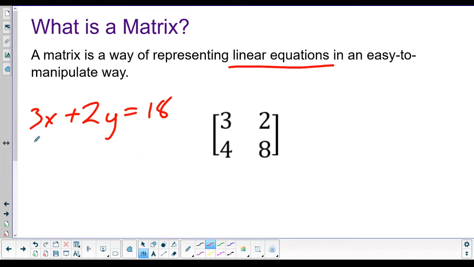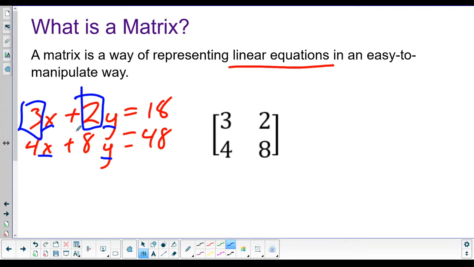If you have some other equation where they cost $4 for that bag and $8 for the other kind, now they equal some other number, let's say 48. Because we have the x's and the y's in all the same spots here, it's a waste of time to write them out. So what they do is they take these coefficients and throw them into a matrix like that.